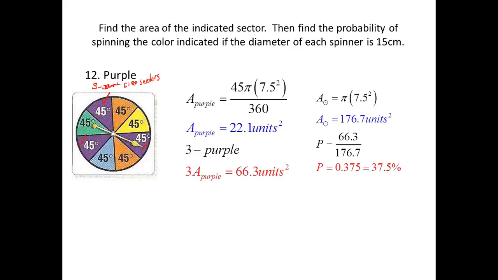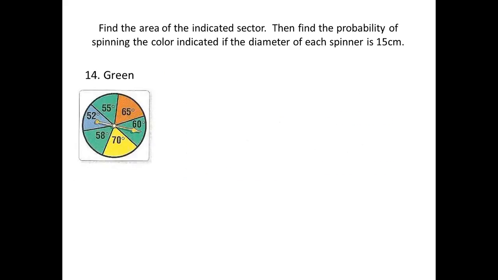Now 14, they said you wanted the green. And in this one, this is this one, and this one. But they're not the same size. Not the same. So you got to do each one individually. So I just call this 1, 2, and 3, went from smallest to largest. Do each one of those calculations, add them up, because it still makes all the green pieces.